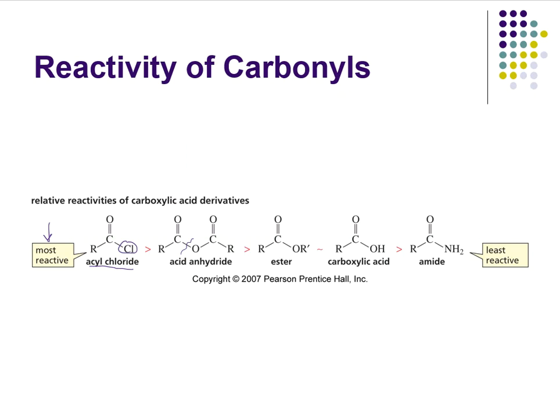Next ones are the OR groups. That OR group was basically this ether type of functional group that we talked about on the chart, and that is your ester. So esters are going to be more stubborn than acid anhydrides, and acid anhydrides are more stubborn than your acyl chlorides as far as reactivity goes.